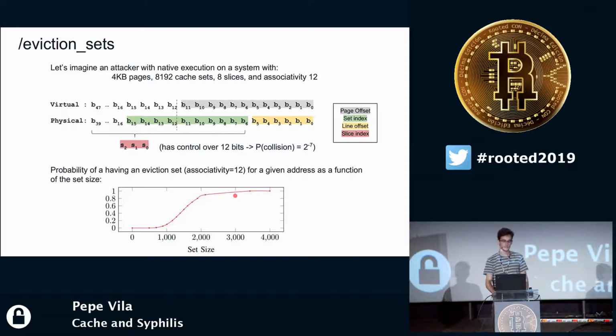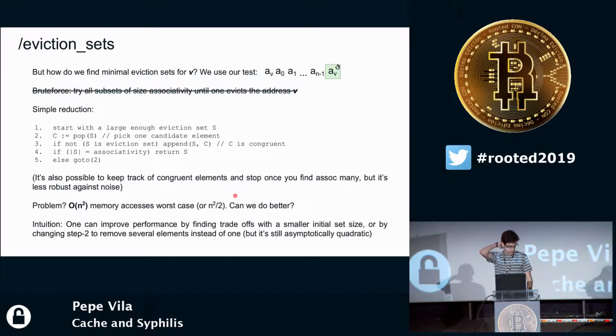If we do it the other way, the probability will be higher. Having said this, it is more difficult to find smaller eviction sets than bigger ones, but we didn't see anything about how we can find the smaller ones.